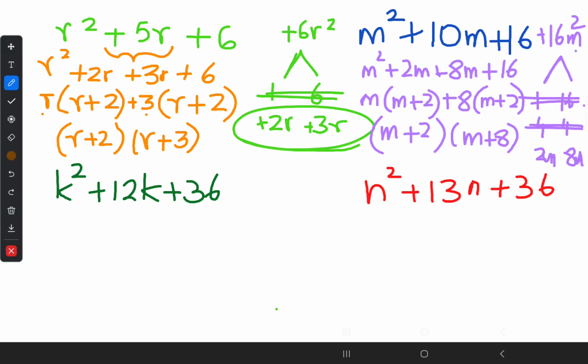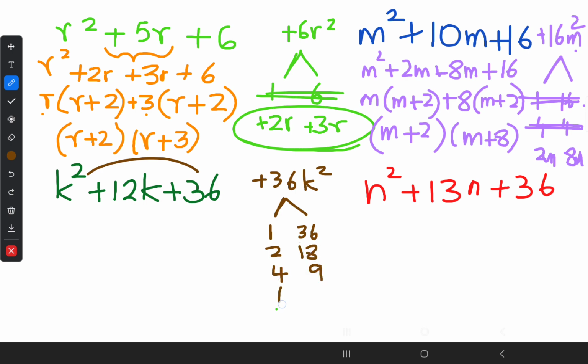In the third question, let's multiply these two. It will give you positive 36k square. So the possible pairs are 1 36, 2 18s, 4 9s, and 6 6s. According to the middle member, it would be 6 and 6.